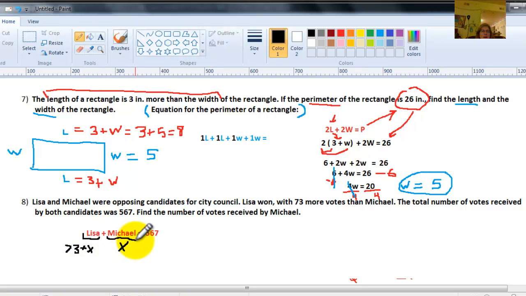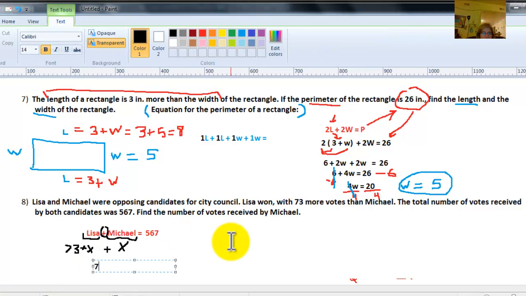And this is Michael, X. Well, we know we have to add these together to get the total of 567. So 73 plus X plus X is 73 plus 2X. So we have 73 plus 2X equals 567.